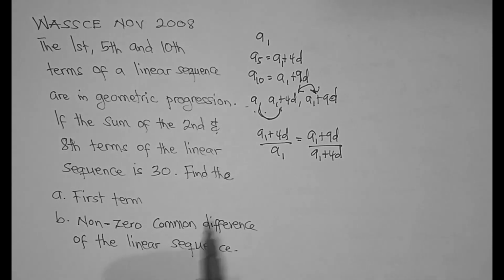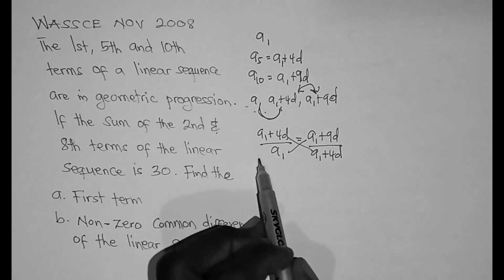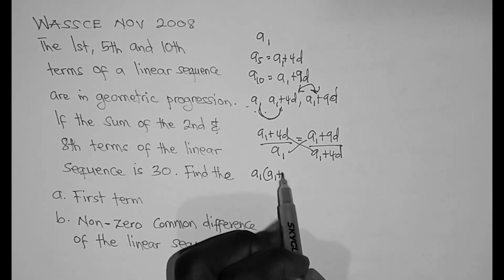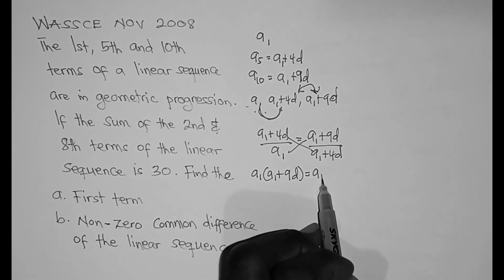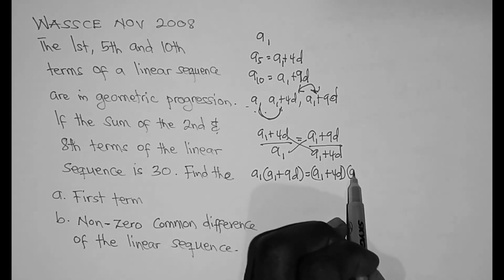So let's cross multiply like this, so that we have A1 times A1 plus 9D is equal to A1 plus 4D times A1 plus 4D.